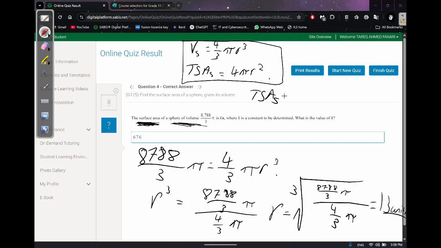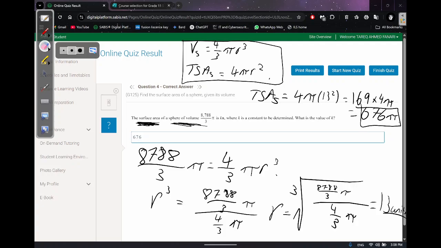Total surface area of the sphere is equal to 4 pi times 13 squared. Now everyone knows 13 squared is 169. So it's 169 times 4 pi, 676 pi. And this is our total surface area for the sphere.